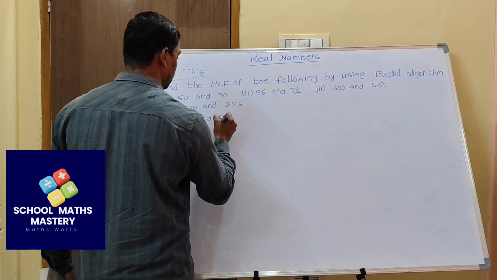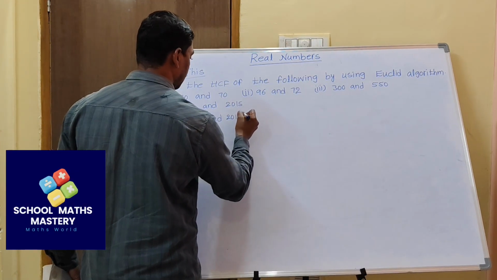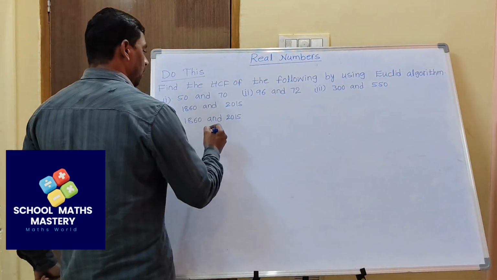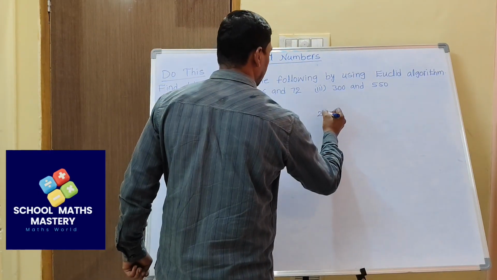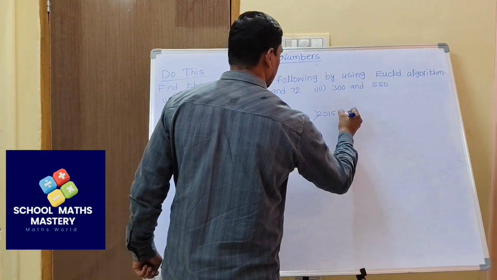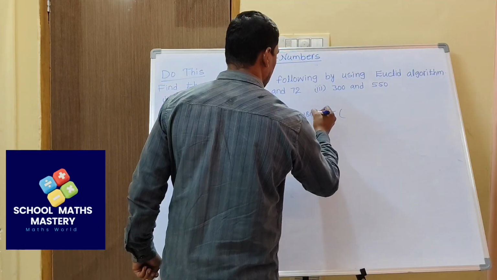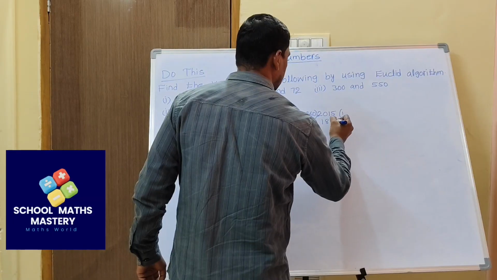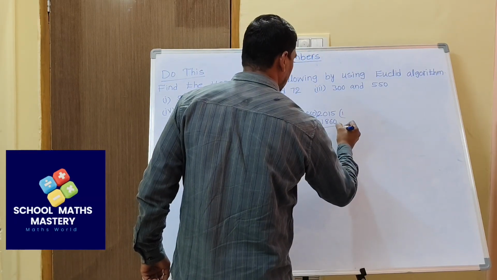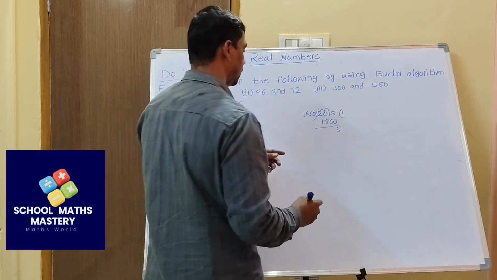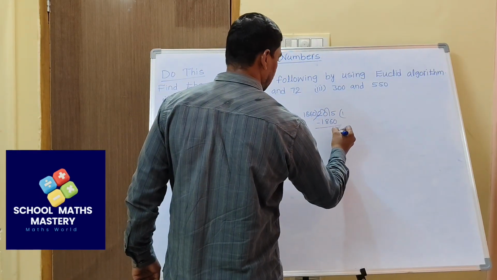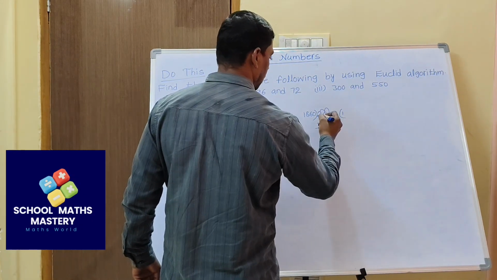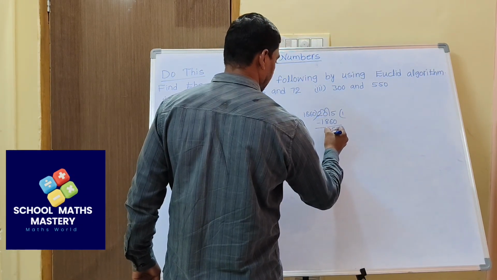1860 and 2050. Okay, 2050, 1860. Subtracting: 0 minus 0 is 0, 5 borrowing from 2, 11 minus 6, 5, here is 9, 9 minus 8, 1, here is 1 minus 1, 0.